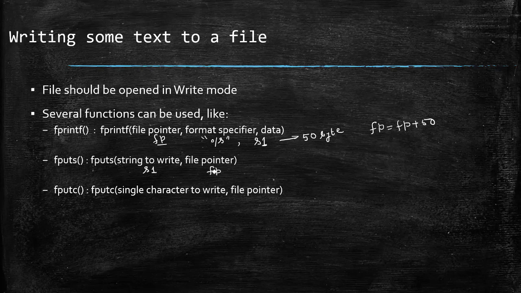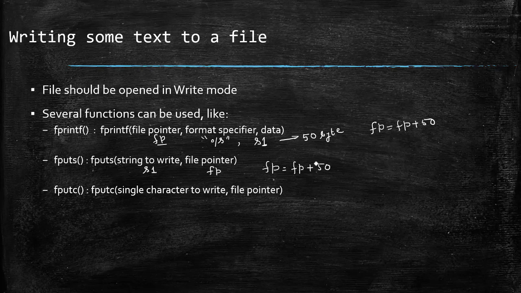So it will copy the content of s1 into the file buffer in the main memory position pointed by fp. And suppose there are 50 bytes in s1, so fp will be incremented by 50, so that the next data comes after these 50 bytes, similar to the fprintf function.